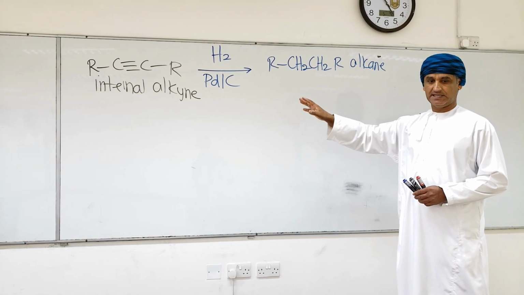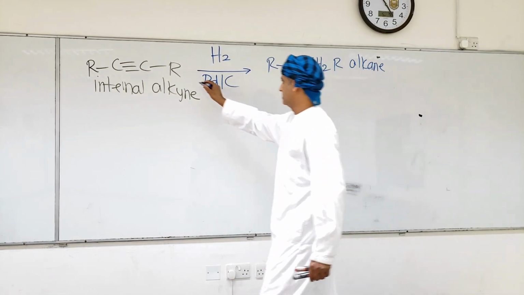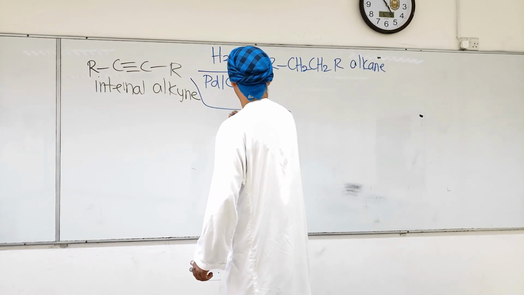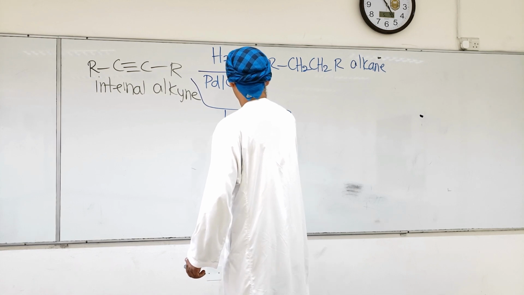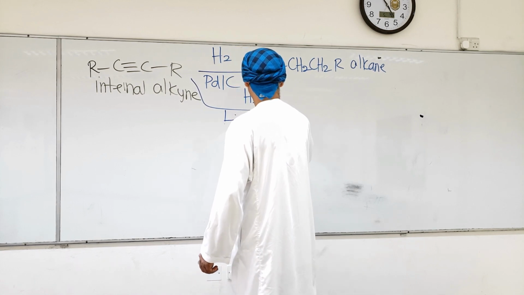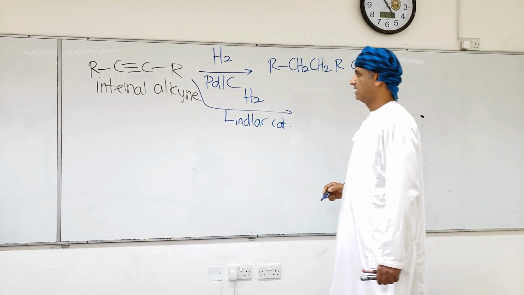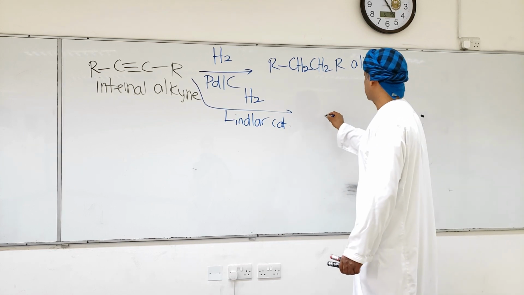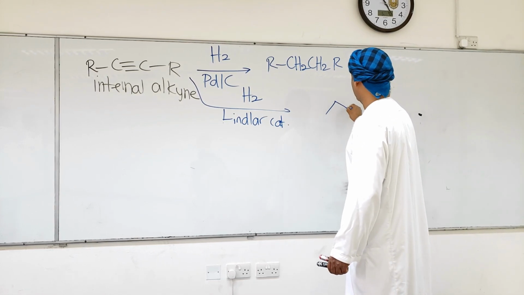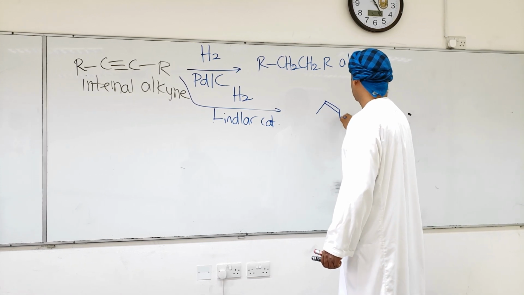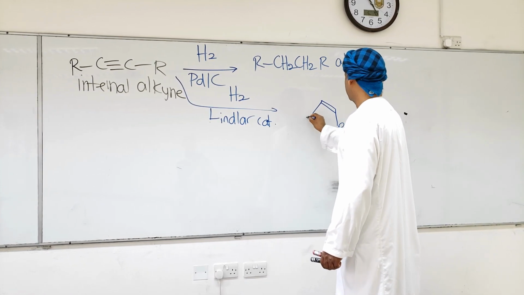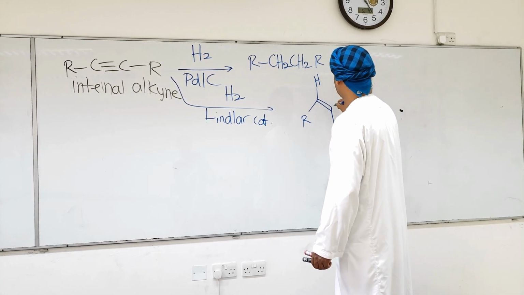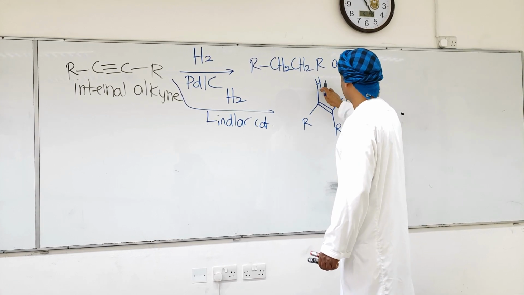If we take an internal alkyne, but instead react it with hydrogen in the presence of Lindlar catalyst, then this kind of alkene is produced, and please pay attention not only to the fact that the reaction is controlled.